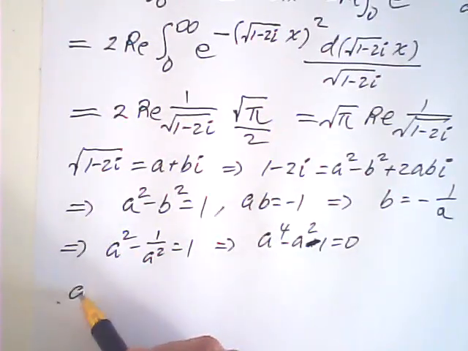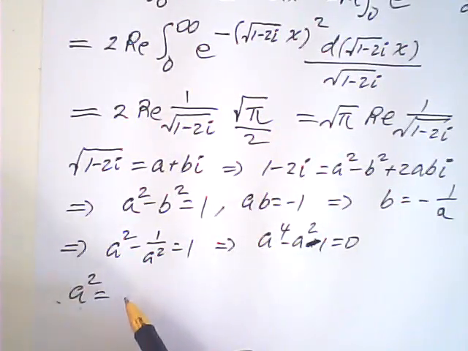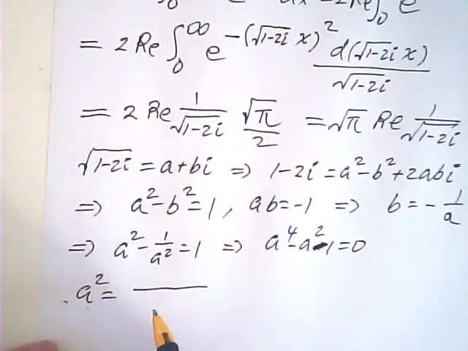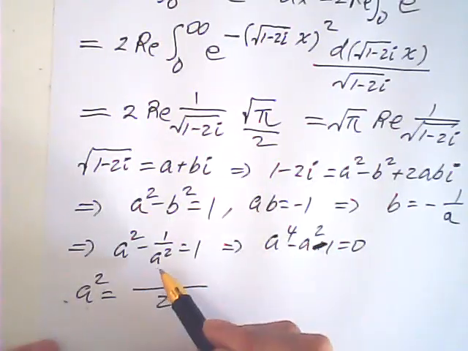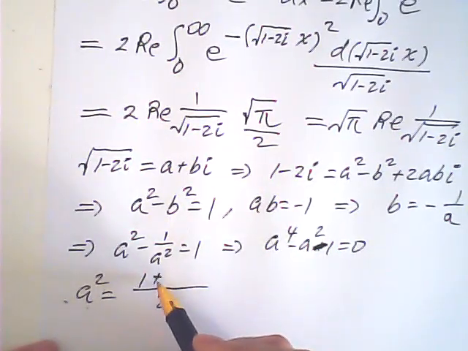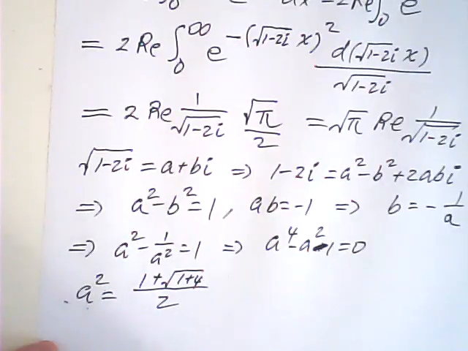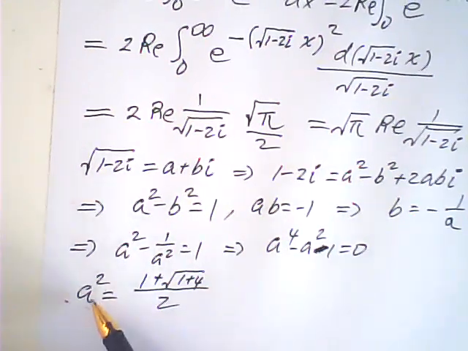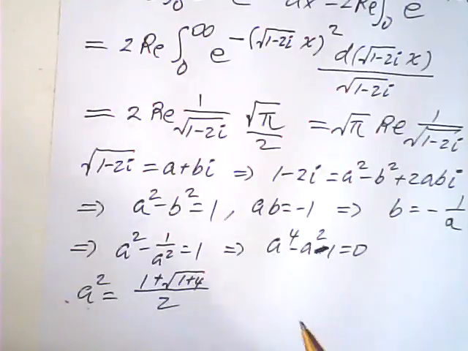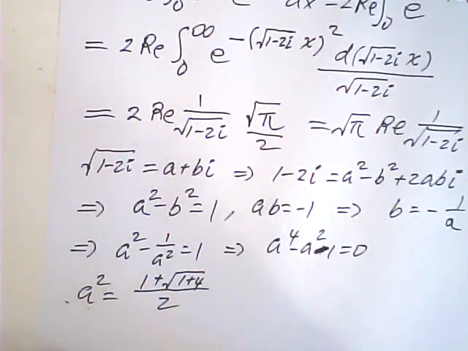So a squared is equal to, by the quadratic formula, (1 plus root 5) over 2. Since a squared is a positive number, we're not taking the negative, and a is a real number. So forget the negative here.